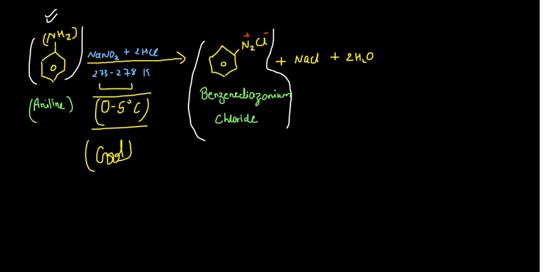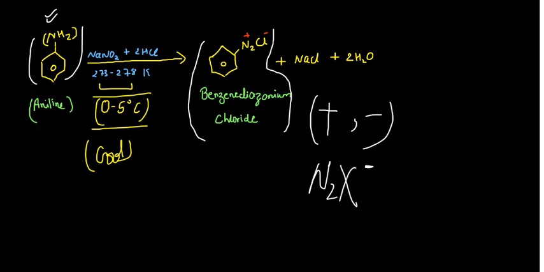Well, it's simple. Wherever the plus and minus charge come together in the N2 and actually not Cl, it's X. So X will surely be negative and this will surely be positive, because X, or a halogen, has more tendency to take electrons than the nitrogen.